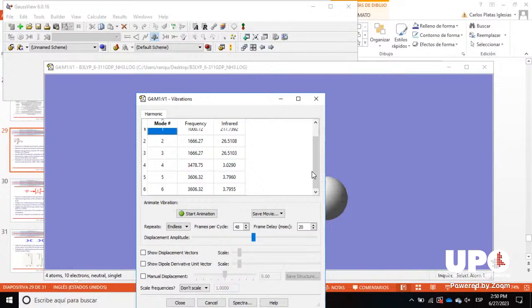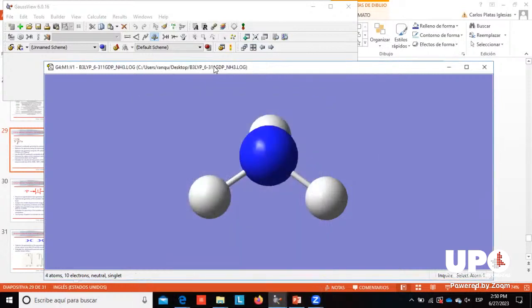So we will model a very simple system, which is again ammonia. In particular, we will study the inversion of ammonia, okay? Make sure that you keep this very last calculation, because we will need to compare our energies for the ground state and the transition state, all right?